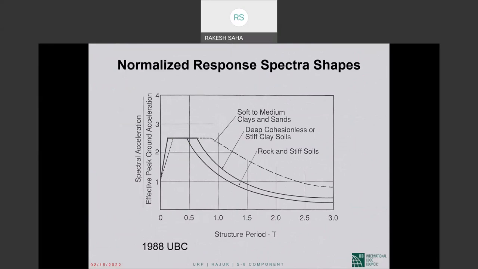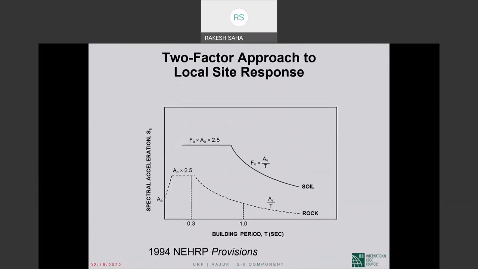So this is the design spectrum of the 1988 UBC, with spectral acceleration on the y-axis, normalized with respect to the effective peak ground acceleration, as in the ATC3 spectrum.